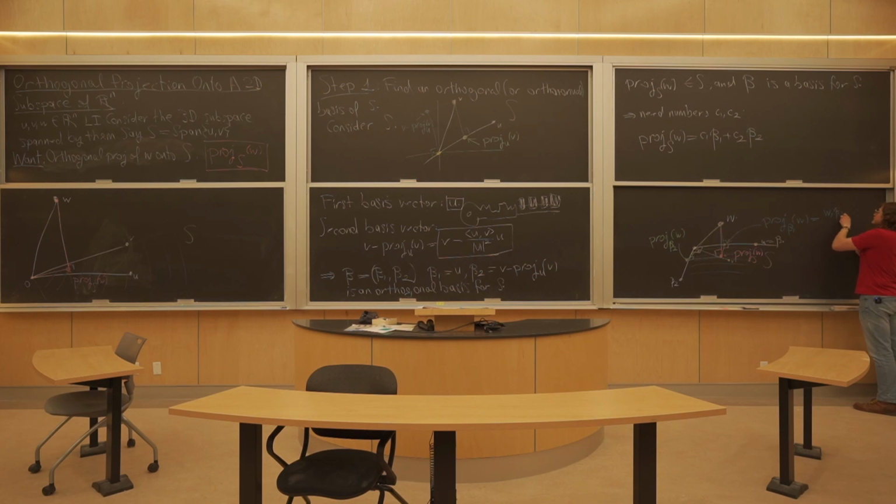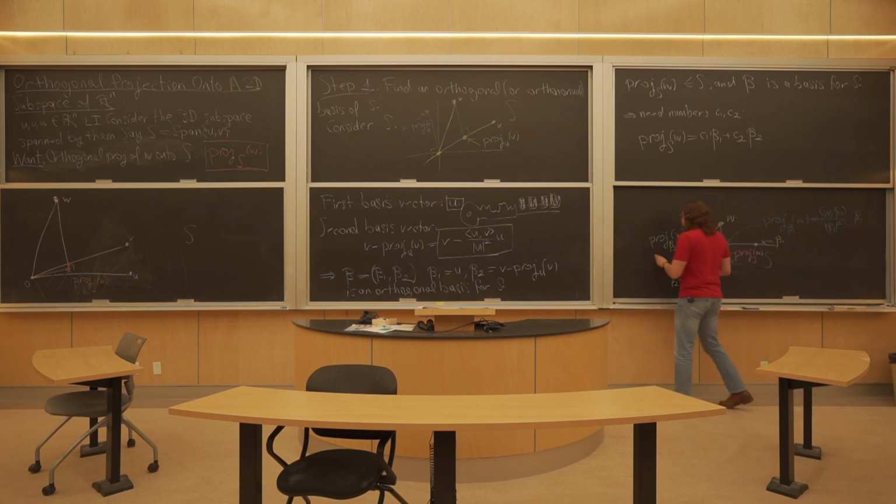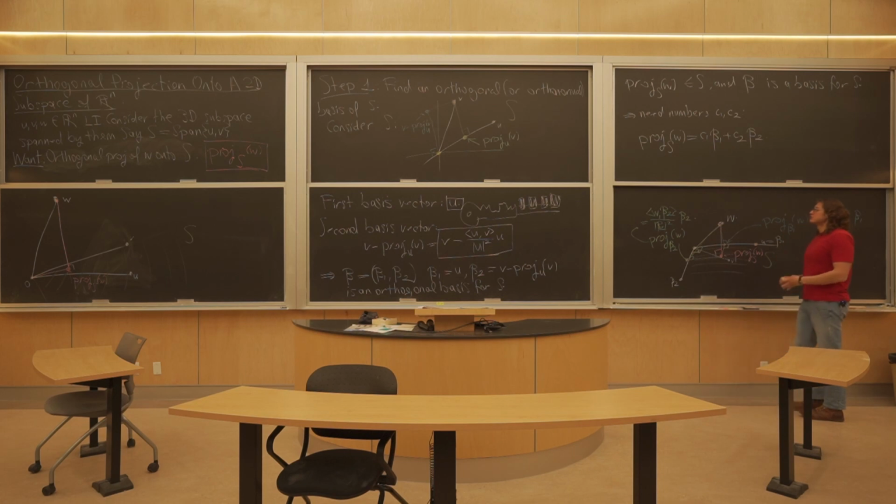W against beta 1 divided by beta 1 norm squared times beta 1. And the formula for this is W against beta 2 divided by beta 2 norm squared times beta 2. Okay?